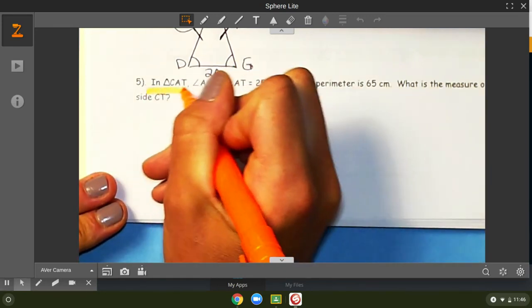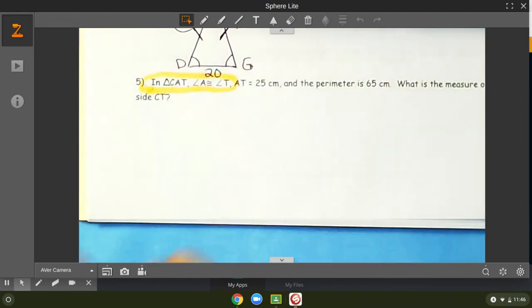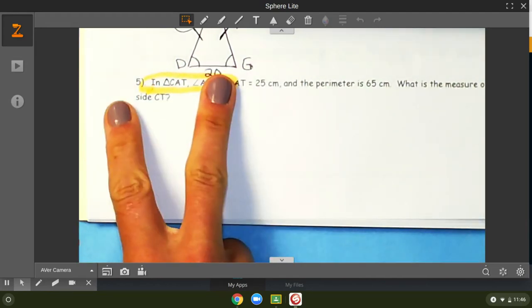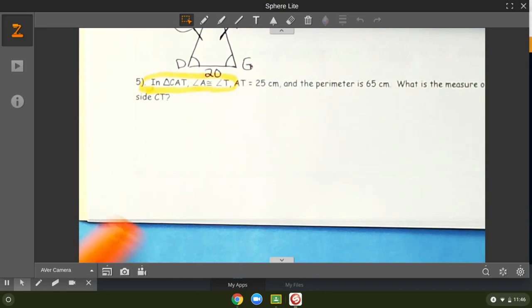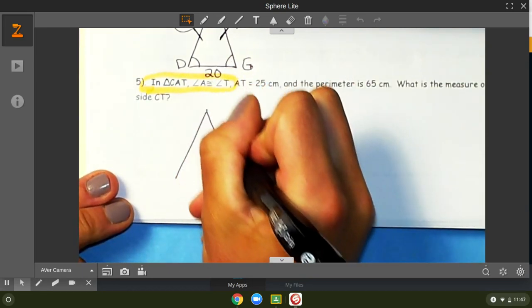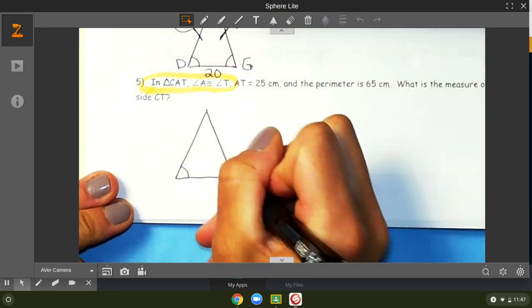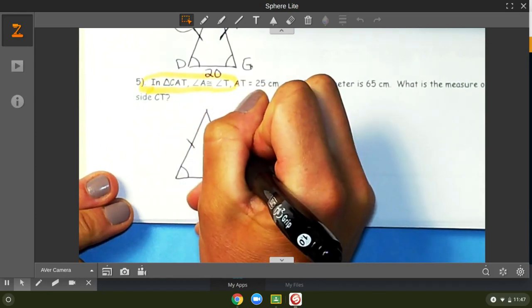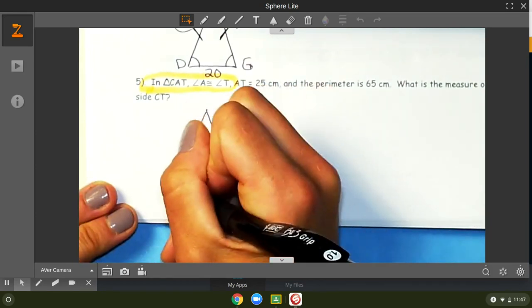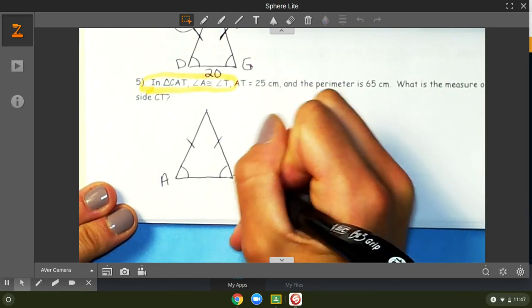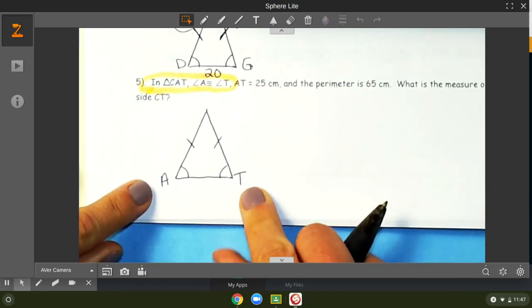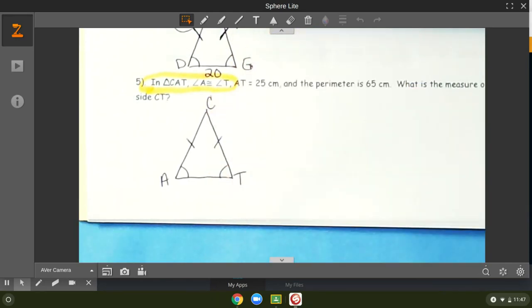We sure do, because it tells us that we have two equal angles. Two equal angles, two equal sides, it's isosceles. So let's draw it out. Two equal angles, two equal sides. A and T are your two equal angles, which means letter C is left for the top.